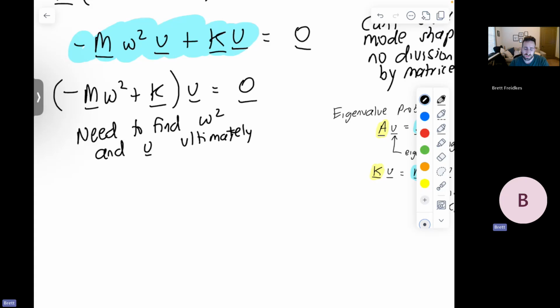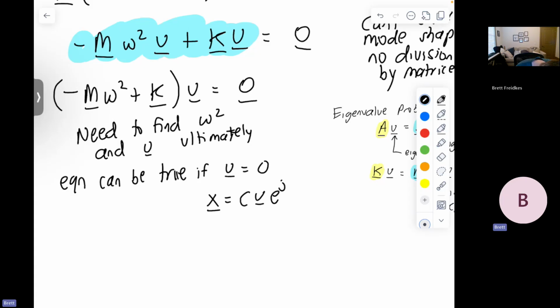So let's try to understand how this equation is true. First off, this equation can be true if u equals 0, right? If I take a matrix and multiply it by zeros, I'll get 0, which is not very exciting for us, because let's remember where that u is. That u was assumed inside of our position matrix.